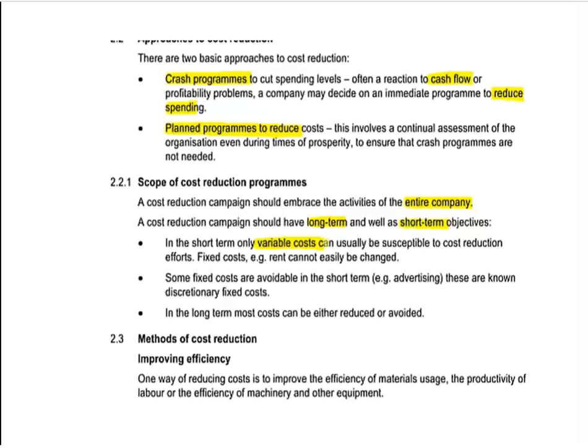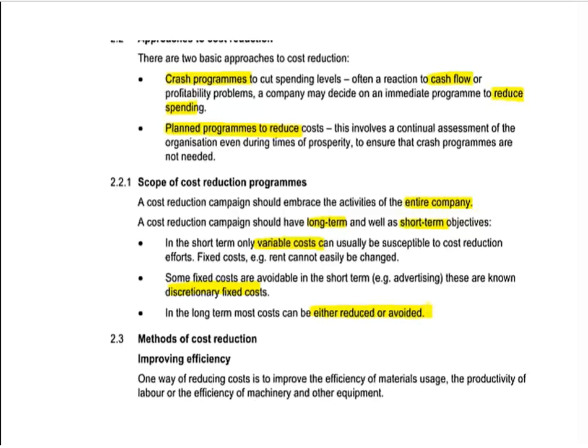But in the long term, you might be able to change some of your fixed costs with a little bit of planning. Some fixed costs then can be avoided if they are discretionary. So things like advertising. But as I said, not just focusing on short term, but realising that in the long term, you can avoid or reduce most of your costs with careful planning.